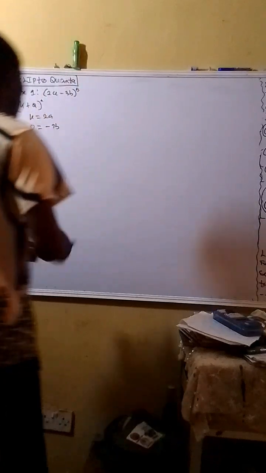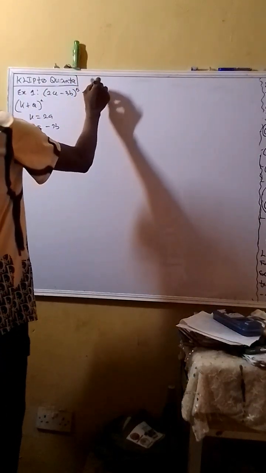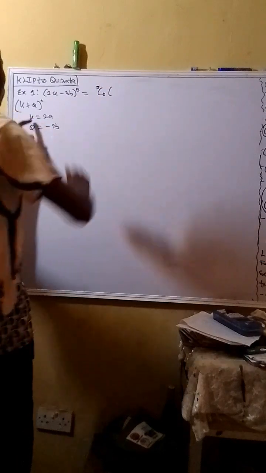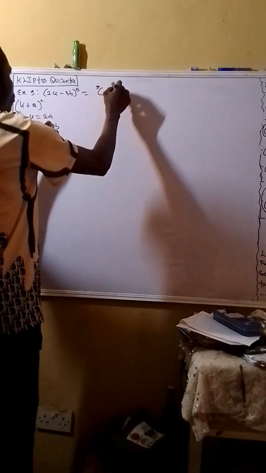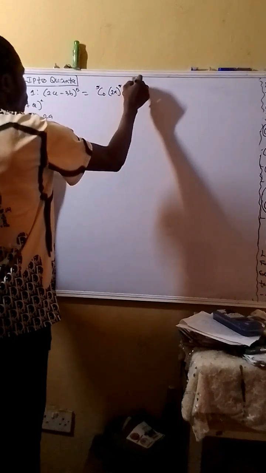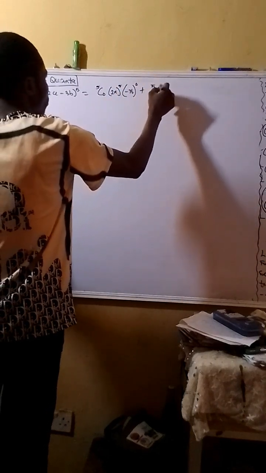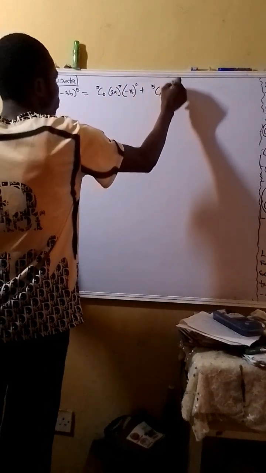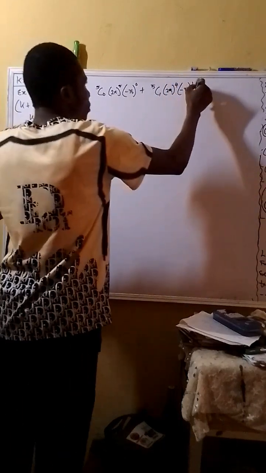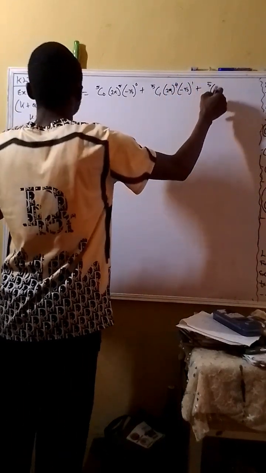So at this point, this will be equal to 5 combination 0, of you having 2a raised to power 5 and minus 3b raised to power 0, plus 5 combination 1, 2a raised to power 4, minus 3b raised to power 1, plus 5 combination 2.